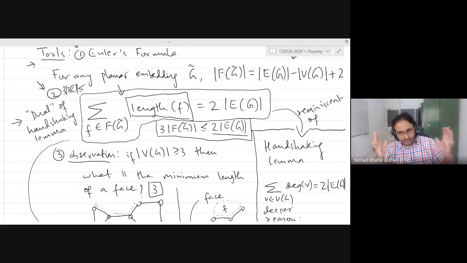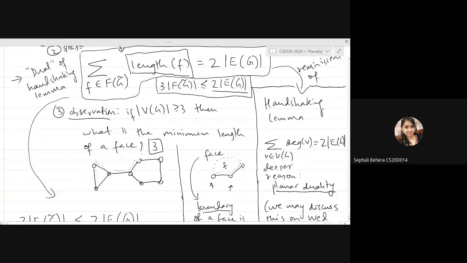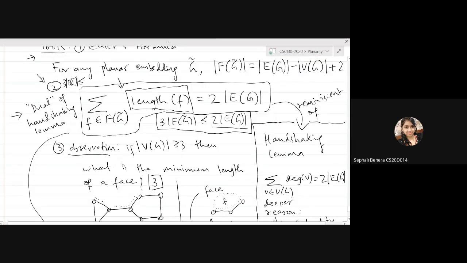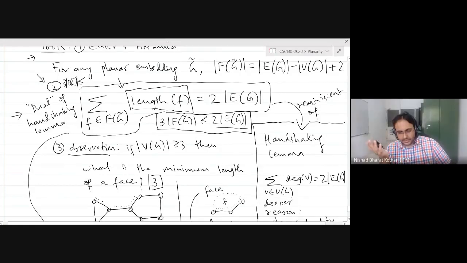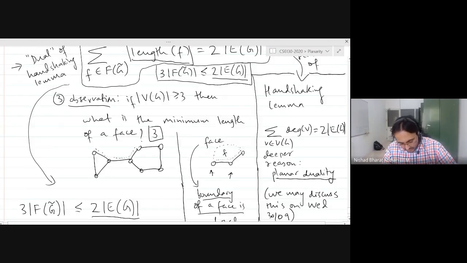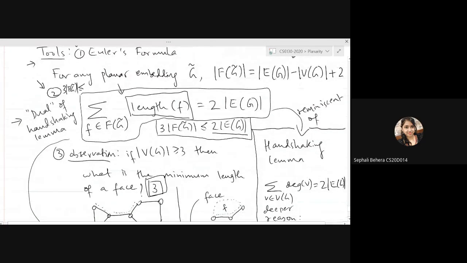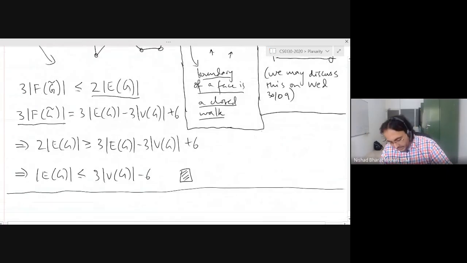If you add up a bunch of numbers, each number is at least 3, then 3 times the number of numbers you're adding is a lower bound on the sum of the numbers, right? Does that make sense? Basically, we are adding a lower bound for this. We are just putting 3 as a lower bound for each face, which we know is true because we just discussed that. Let me explain it a slightly different way.